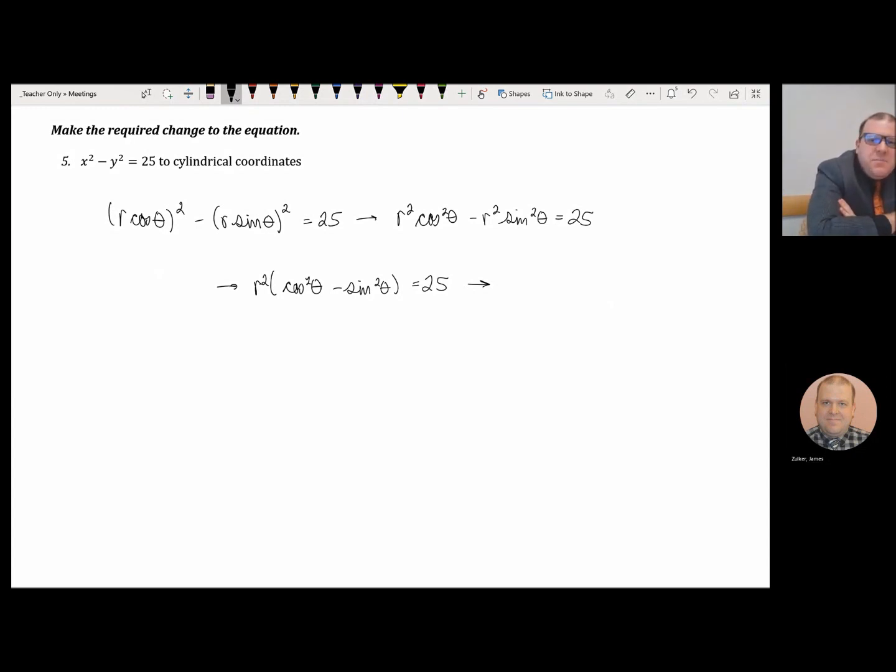Notice that this gives us an implied domain. We can't have cosine squared minus sine squared being 0. Otherwise, we'd have 0 equals 25, which is nonsense. So we've eliminated odd multiples of pi over 4. This can still be simplified.